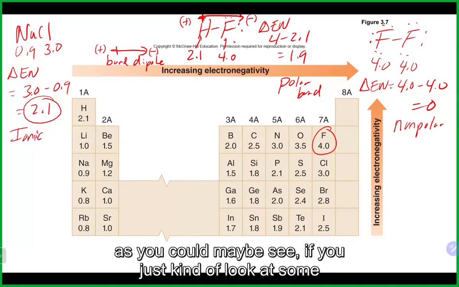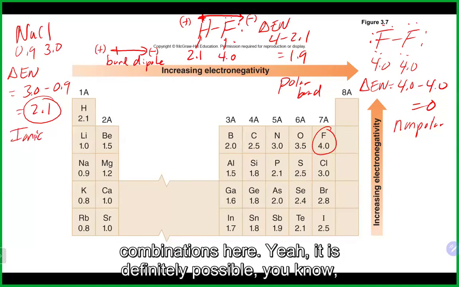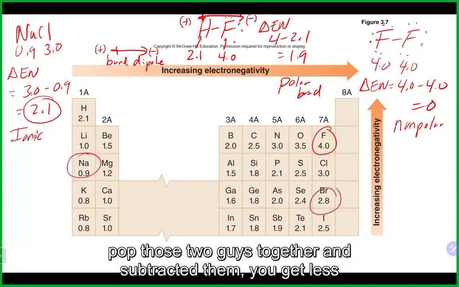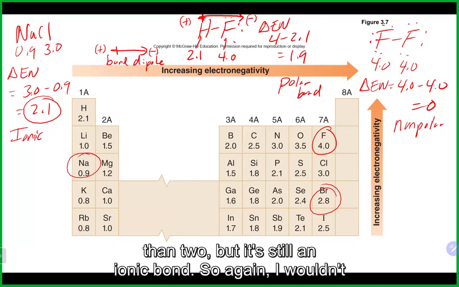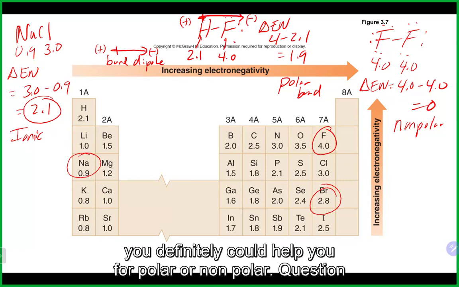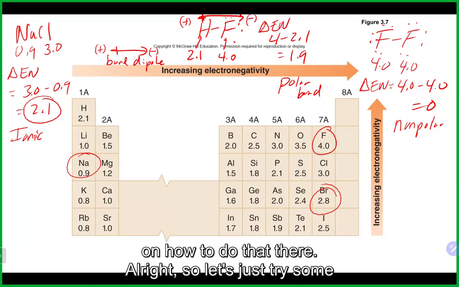But as you can see if you look at some combinations, it is definitely possible that you could get less than 2. For example, if you pop two of those together and subtract them, you get less than 2, but it's still an ionic bond. So I wouldn't worry about electronegativity for ionic, but it definitely can help you for polar or nonpolar. Any questions on how to do that?